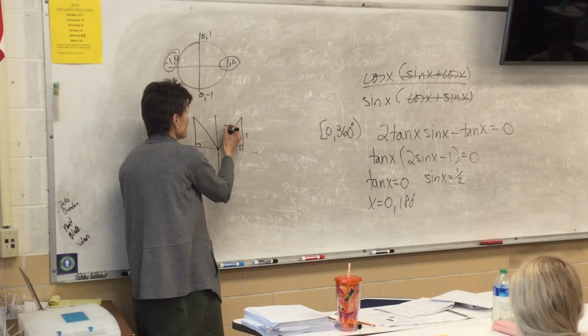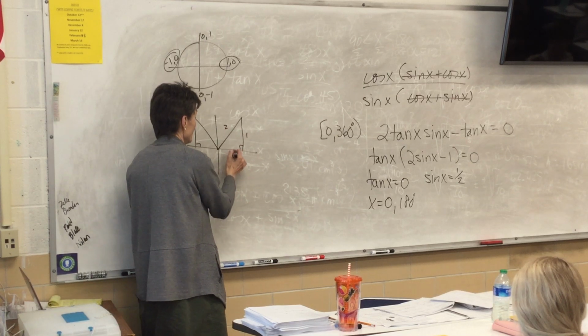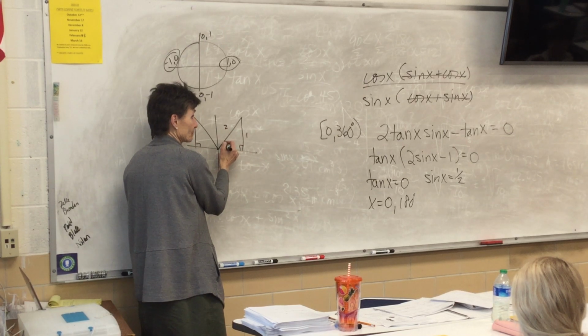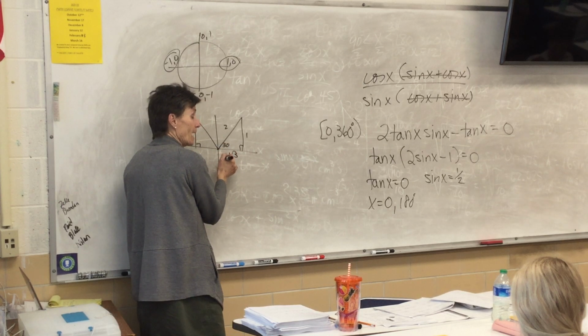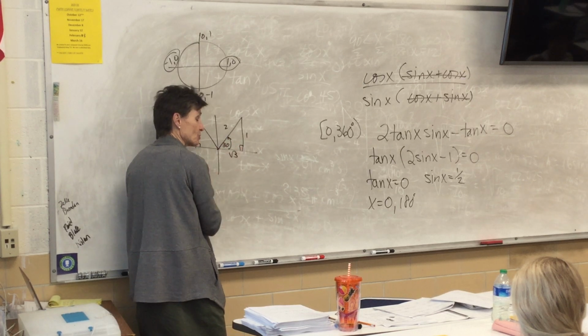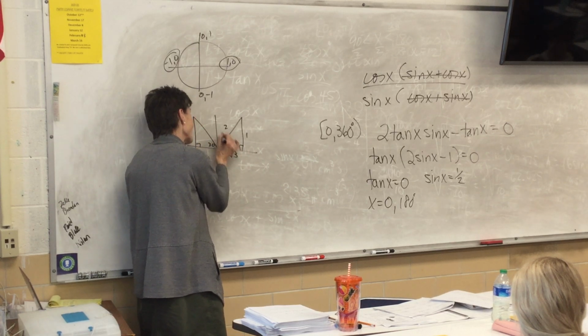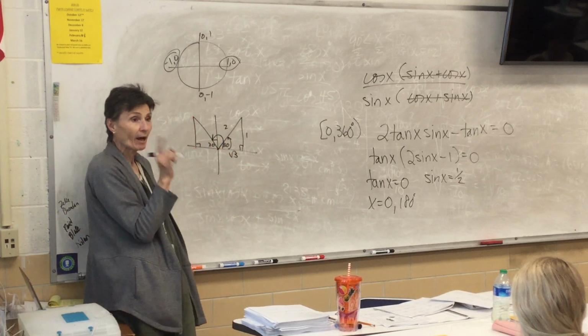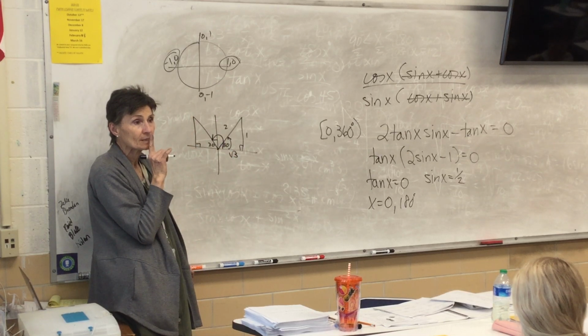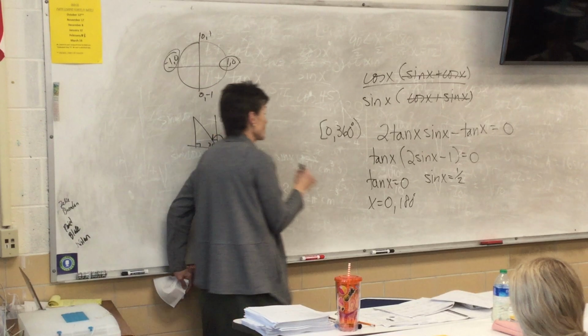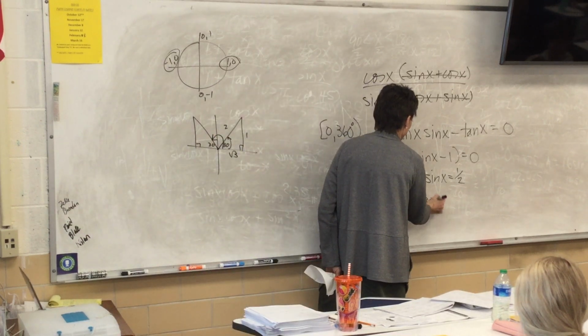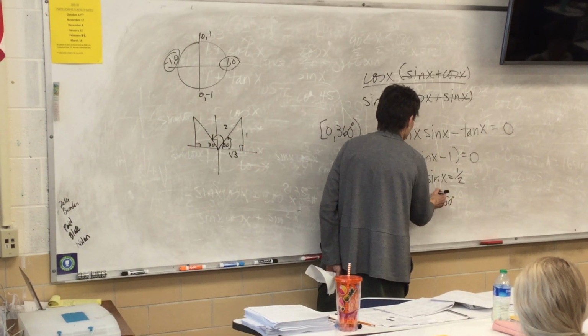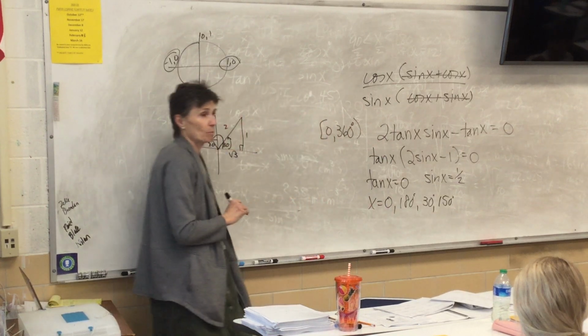So if the sine is 1/2, then how big is this angle? 30? And a lot of you got 30, which is really good, but a lot of you also didn't get the other one, which is 150. So we have 30 and 150 are also answers to this problem.